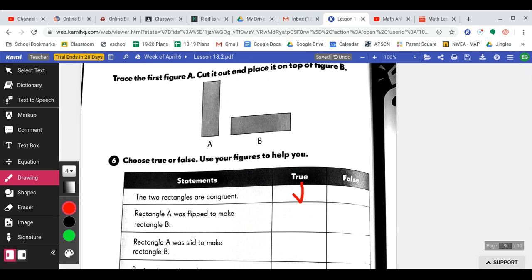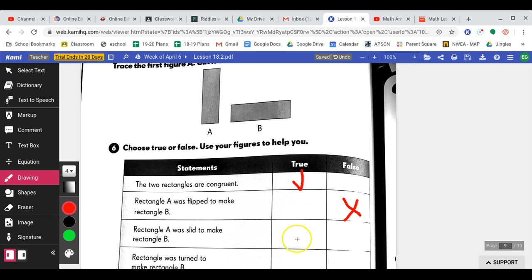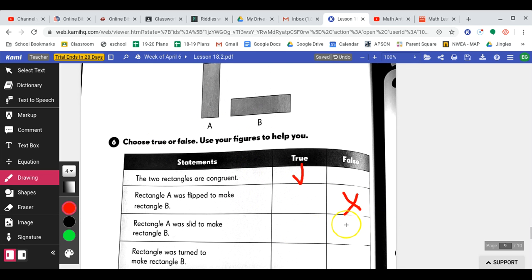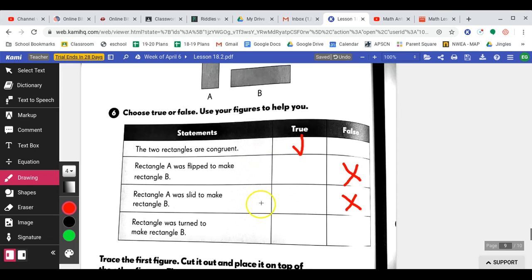Remember, a flip is that mirror image. False. Rectangle A was slid to make rectangle B. False. Otherwise, it would still be the short side on the bottom for both the slide and the flip. Was it turned? Yes.